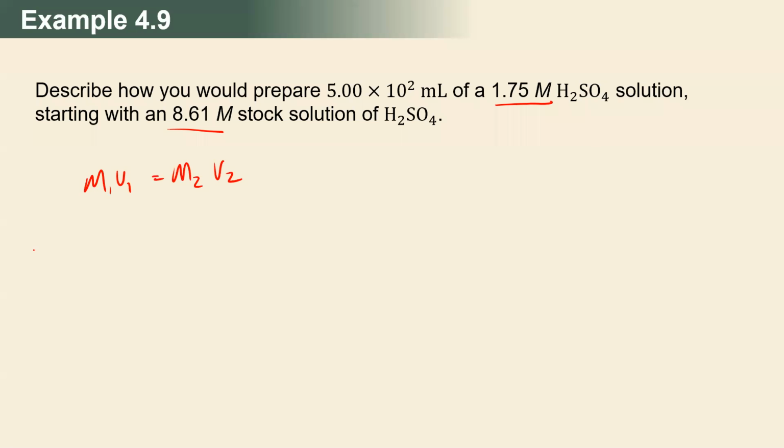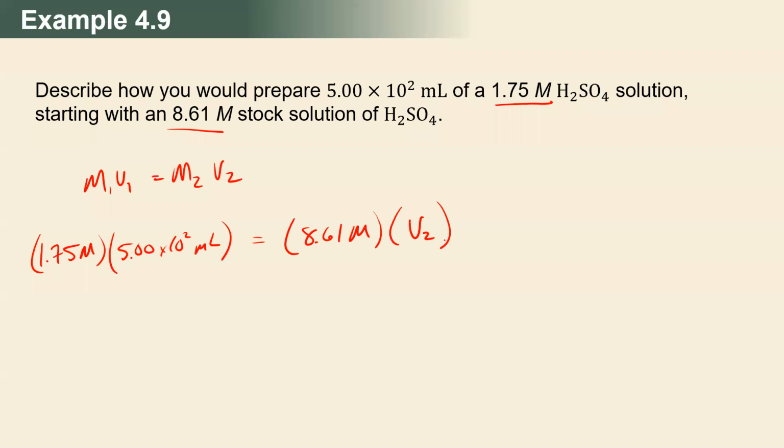Let's take our first molarity as this 1.75 molar times 500, 5.0 times 10 to the 2 milliliters, equals M2, 8.61 molar times, well, that's what it's asking us for. How much of that second solution do we need?